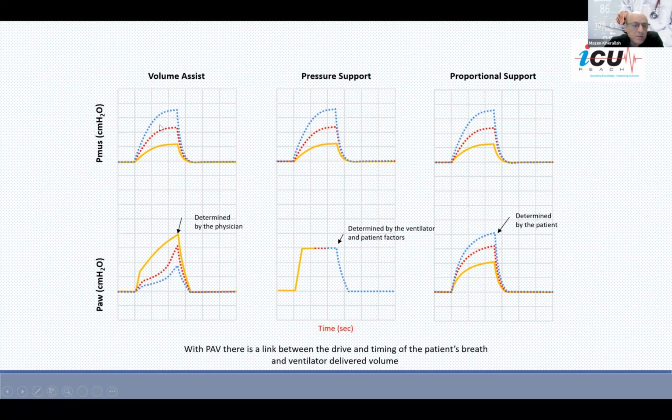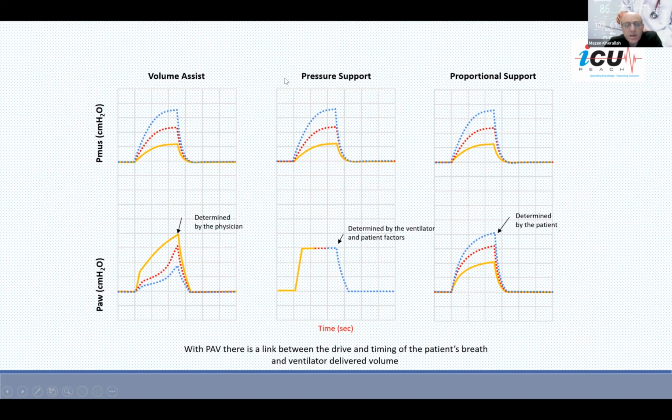Because the patient is helping the machine. So the machine will say this is not much needed actually, so let's go down on the pressure further. And as you remember from the other sessions, when you see this scalloping, this is an indication that the patient is actively participating in pulling this air inside the chest. And you can see further, if the patient increases his effort further, how the pressure is minimized here. So that's in volume control.